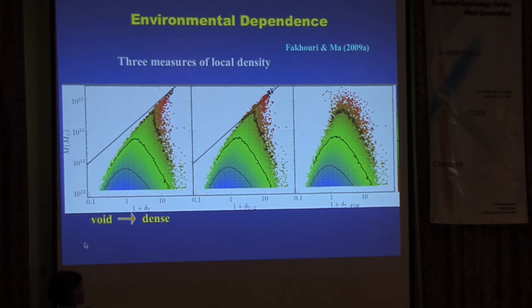Now, however, when you go to higher mass, for example clusters here, you start to see all the points converging to one point, and that's very simple to understand. That's because clusters are very massive, so if you count the overdensity including yourself, the halo mass itself starts to dominate the environment.